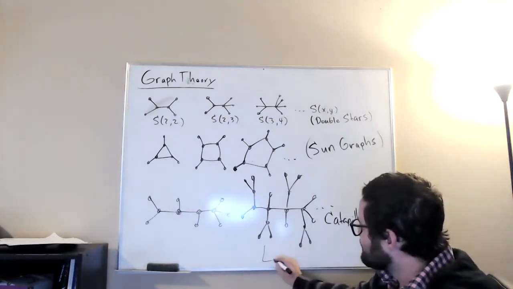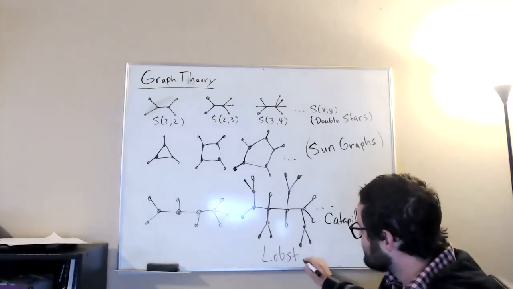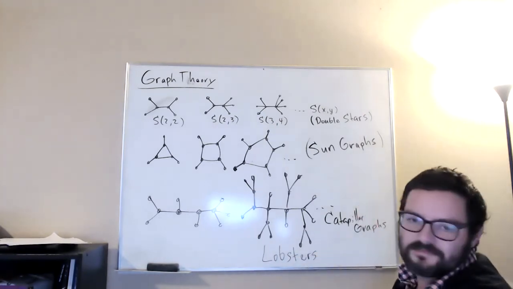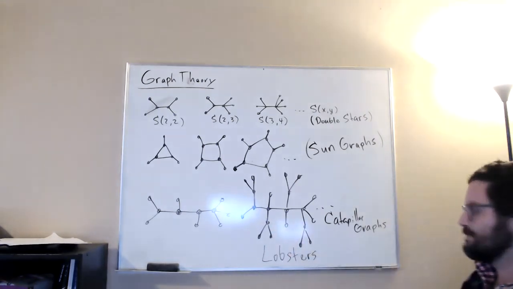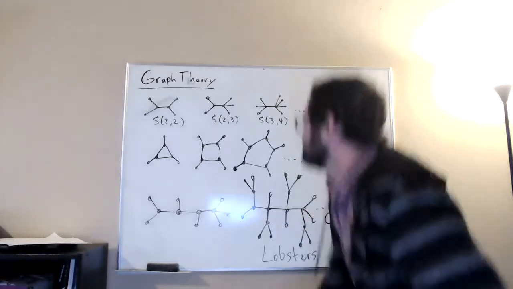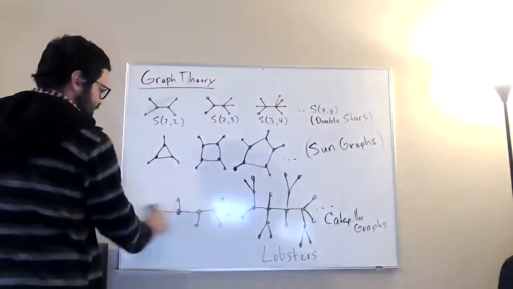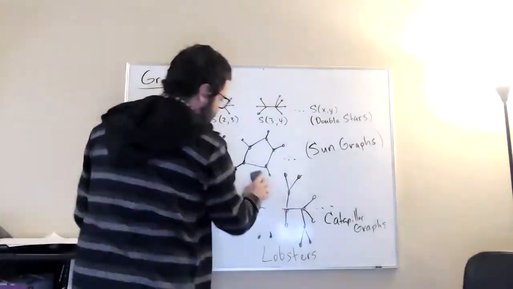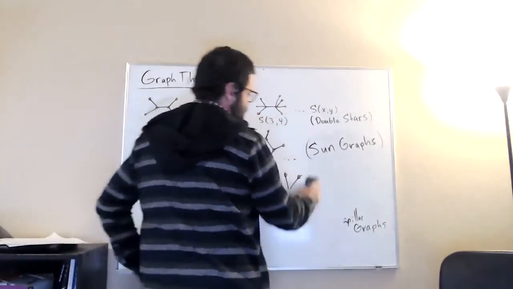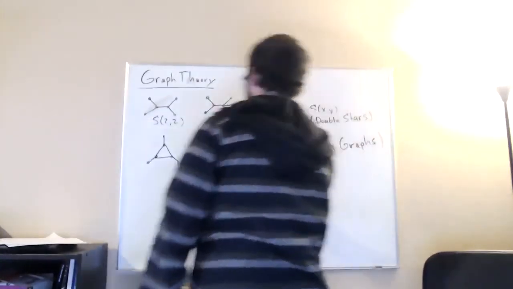No, these are lobsters. These are also trees, right? They contain no cycle. Okay. So there are infinite families of graphs that you can make by doing this construction.